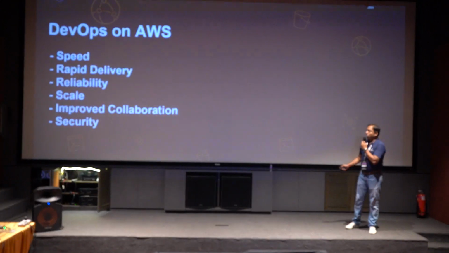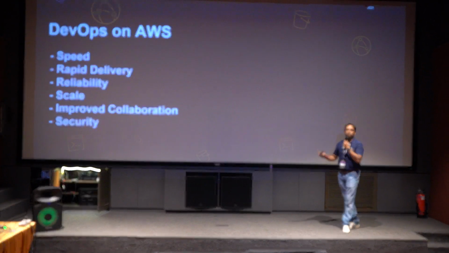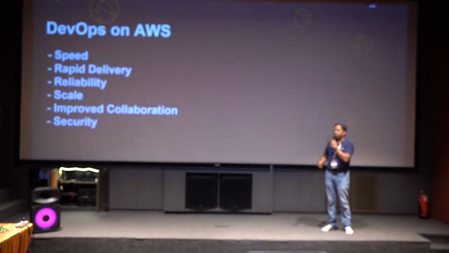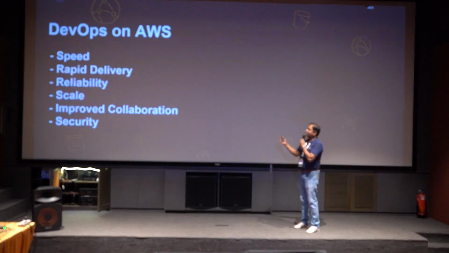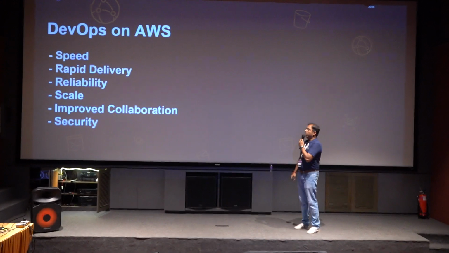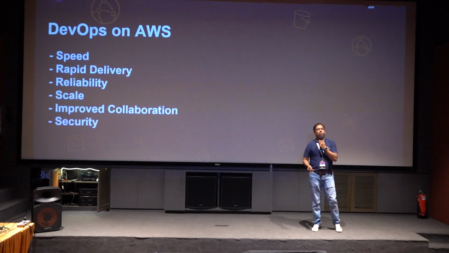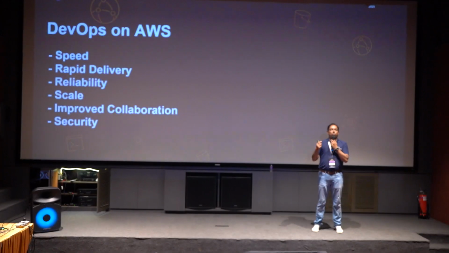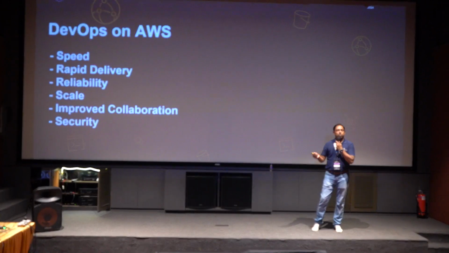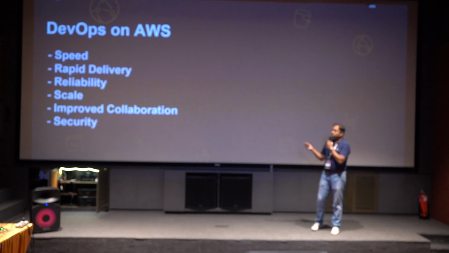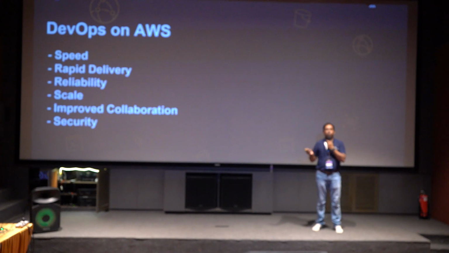Now let's talk about DevOps on AWS, or in general also, why DevOps is important, why we want to use DevOps. Some of the key benefits: you can achieve speed, from the idea to production, from coding to deployment, thanks to automation, DevOps tooling, and the processes and approaches being followed.